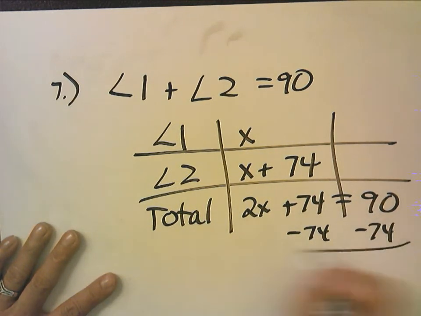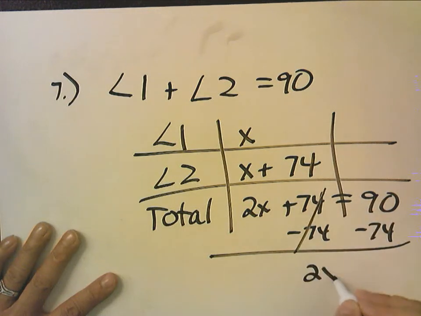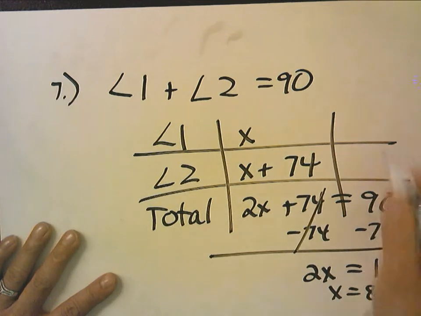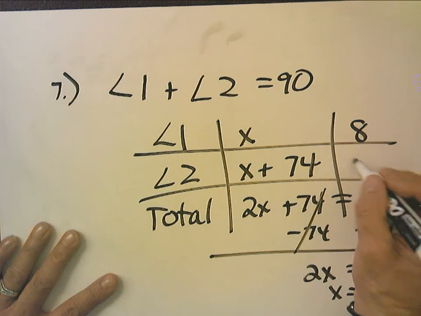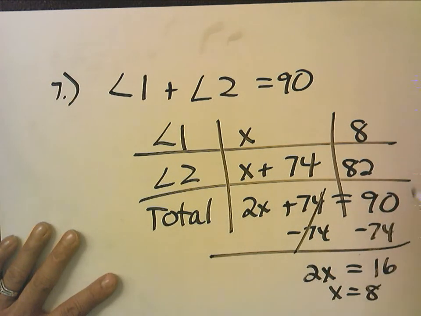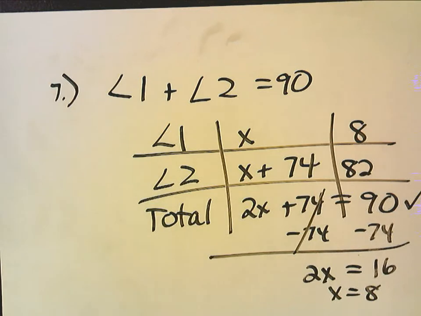Subtract 74, subtract 74. 2x equals 16, x equals 8. 8 plus 74 is 82. 8 plus 82 is 90, and it works. Okay, so now I want everyone to try number 9 and number 11 on their own. Stop the video, and when you're done, play the video and see if you did 9 and 11 correctly.